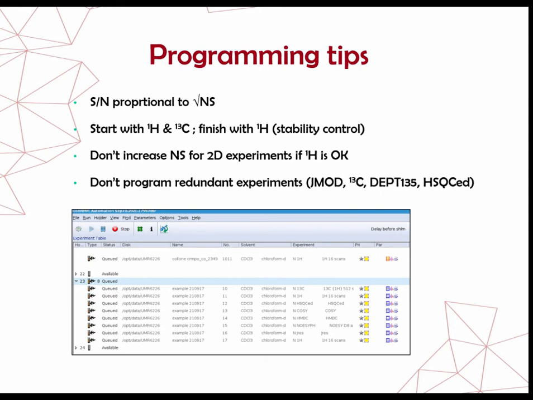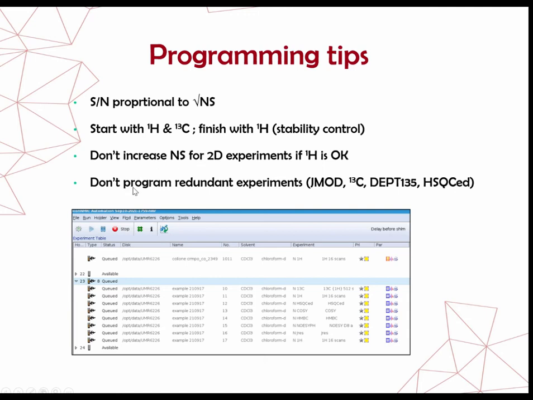It's really important to have a proton spectrum that is recorded at the same time as the two-dimensional experiments. So even if you got one during the day, if you ask for a complete analysis, ask for the proton spectrum again. It's very important. And don't hesitate to ask for another one at the end of the two-dimensional experiments.